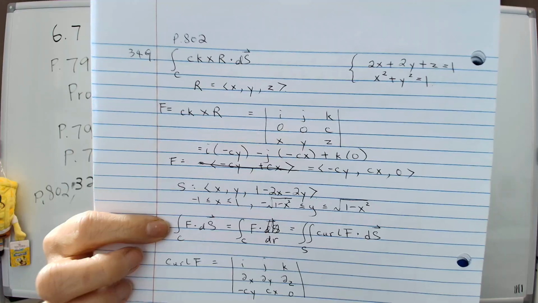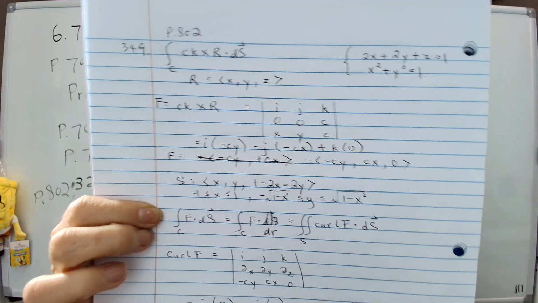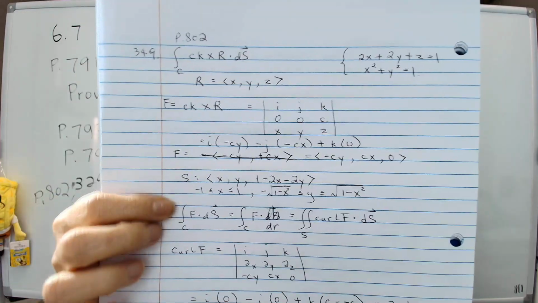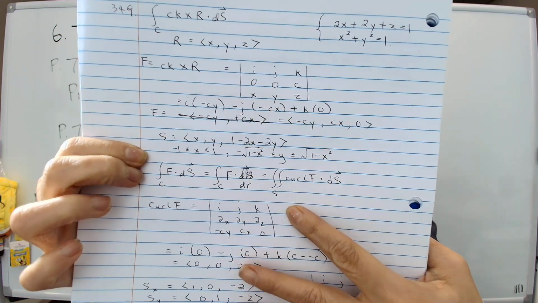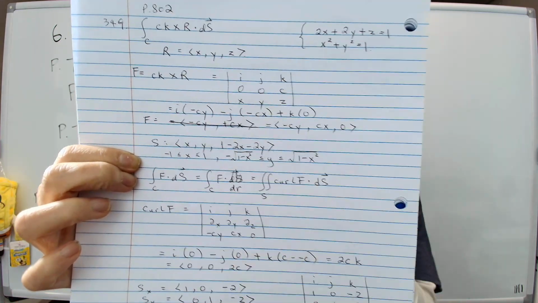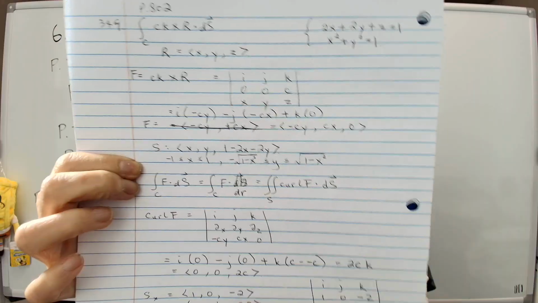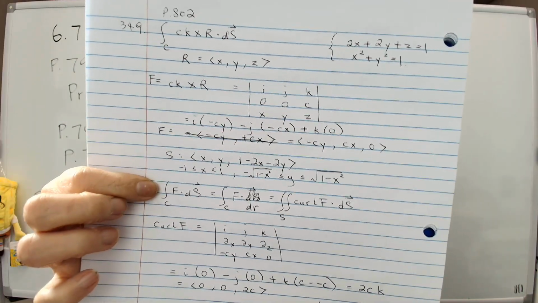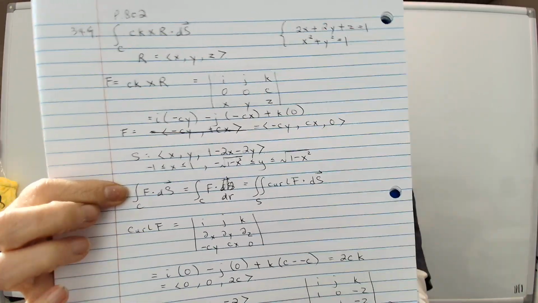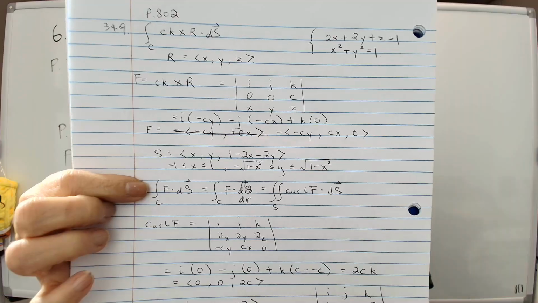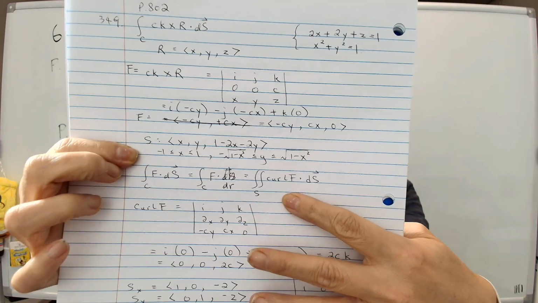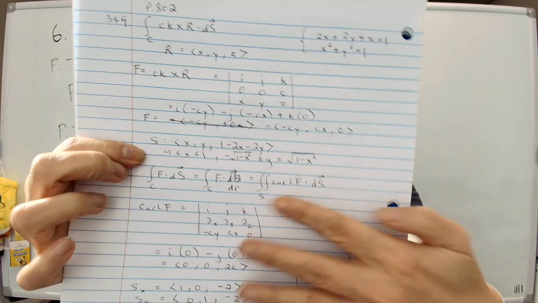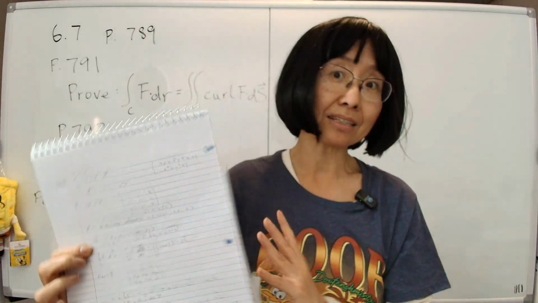The F dot dS, the book says that means the same thing as curl F dot dS. Okay, that's how we're going to understand it, because the book didn't really explain, and that does give us the right answer. So here's the definition, in case you're wondering what we are doing here. So F dot dS over C is the same as calculating curl F dot dS. That is how we understand that term to mean.